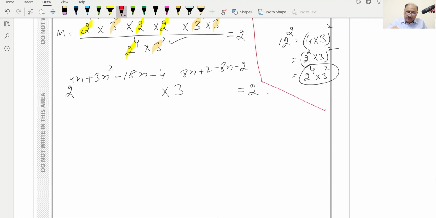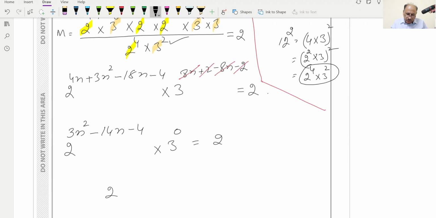So I will separate the working. So this will be, we can cancel this 8n with minus 8n and 2 with minus 2. So this will become 2 raised to the power, I will arrange them adding like terms, so 3n squared minus 14n minus 4 and multiply by 3 raised to the power 0 is equal to 2, and 3 raised to power 0 you know is 1, so this one we can leave it.